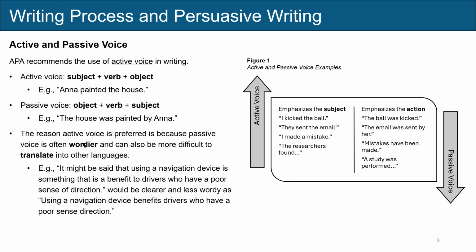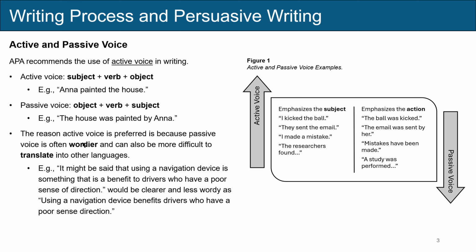Active voice often results in shorter sentences, but those sentences are so much clearer and easier to translate. Passive voice puts the object ahead of the subject in the sentence and often results in longer sentences that are more difficult to translate.